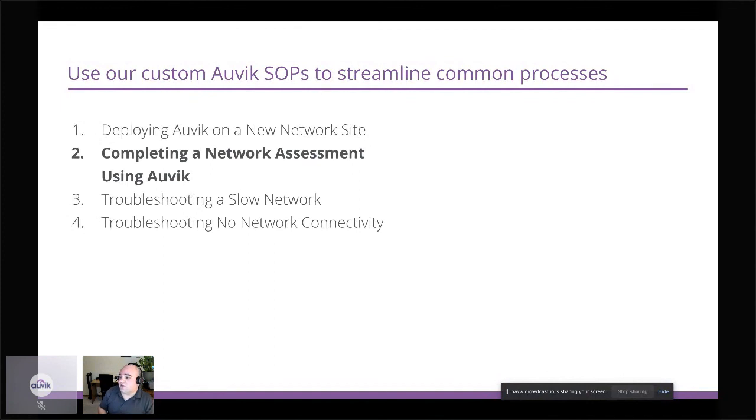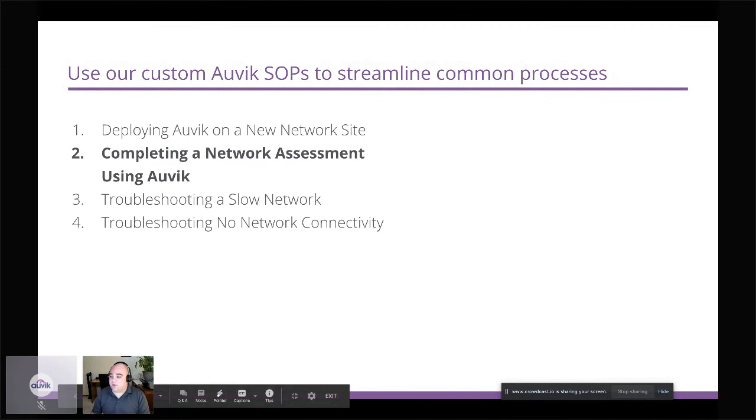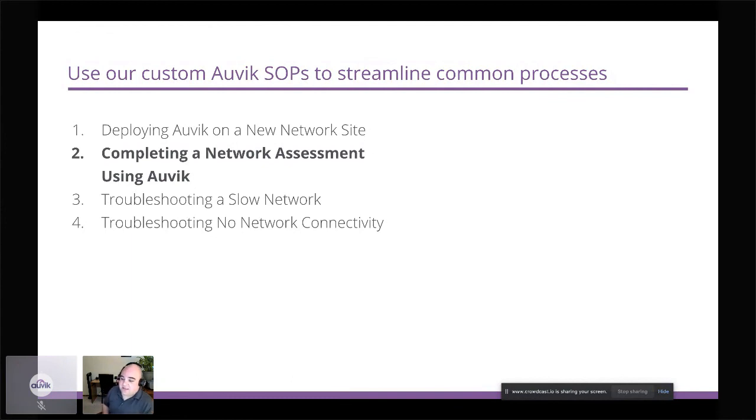There's also deploying Auvik on a new network site, troubleshooting a slow network, and troubleshooting no network connectivity. I'm also going to show you these so that you can go through the step-by-step process that we recommend for completing a network assessment. That's the second link, and you'll see that it says 4 Network SOPs Using Auvik, and then the first one being the network assessment report.